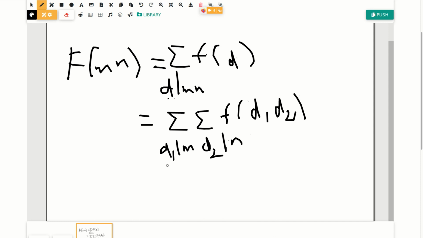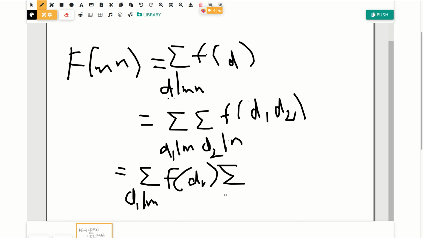Now we know that these two do not have any primes in common, so we can split them out because small f is multiplicative. So we get the sum over d1 dividing m of f(d1), and the sum over d2 dividing n of f(d2).